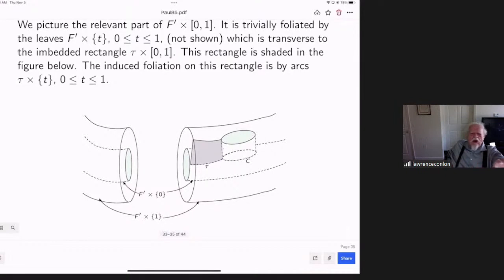Right now it's the product foliation. I show a rectangle grayed out, rectangle tau cross 0, 1, and it is meeting the product foliation in arcs parallel to tau. All right, next picture.